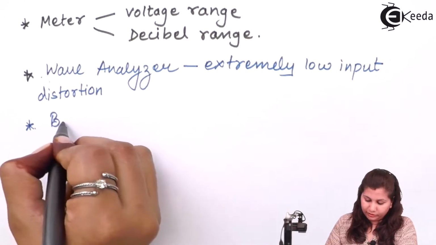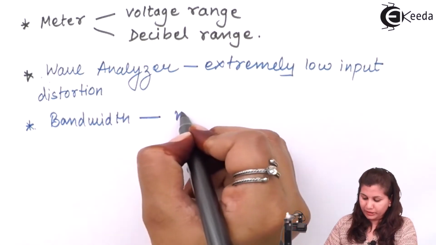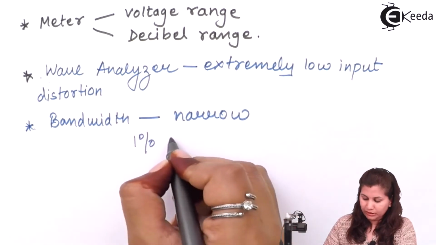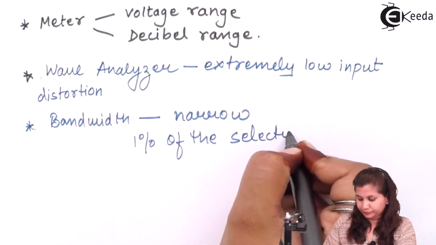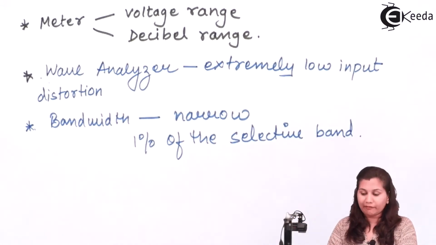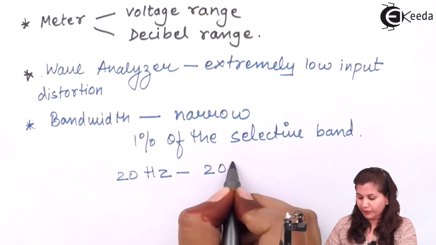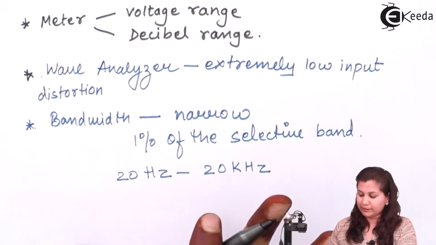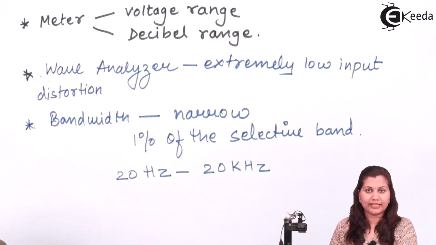Also, the bandwidth of this instrument is very narrow, typically 1% of the selective band. Because the frequency selective wave analyzer operates over the audible frequency range, 20 Hz to 20 kilohertz, in this range it can select any frequency band, and the bandwidth will be 1% of the selective band.